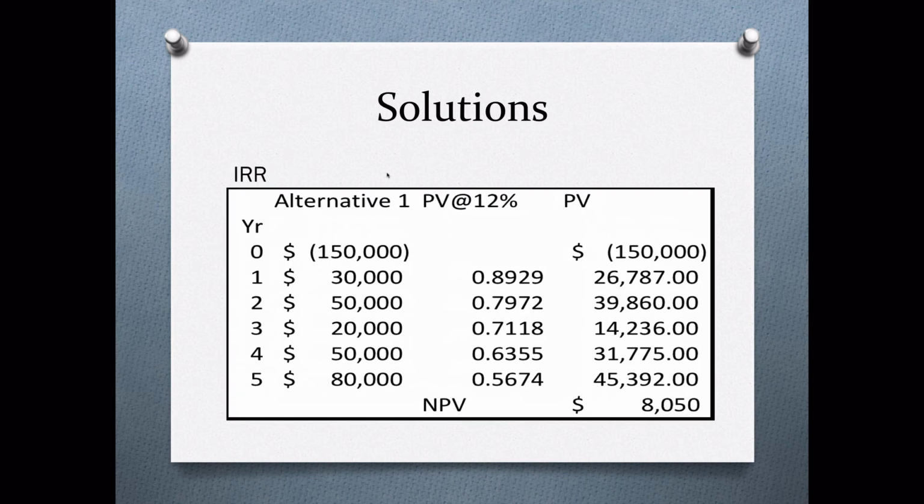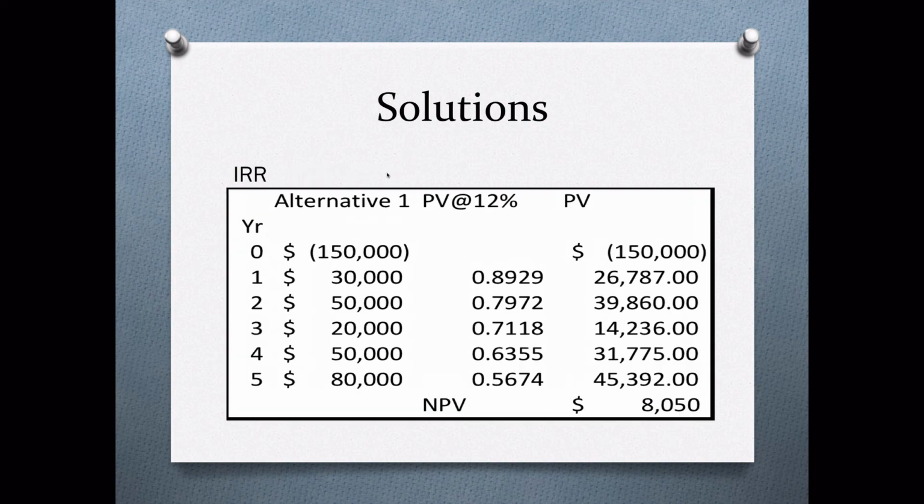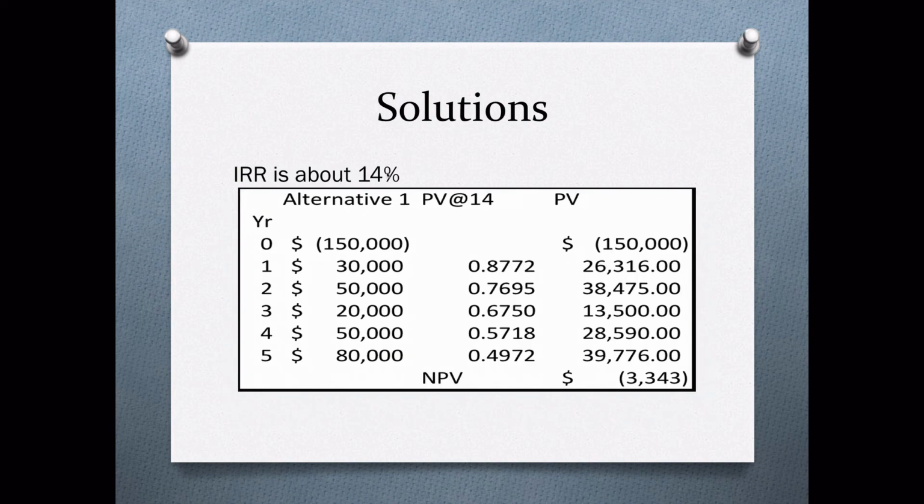So, first thing I did, I plugged in 12% and calculated the net present value, and I got 8,050. I think I could probably do better than that, so I plugged in 14%, and I got about a negative 3,343, so it's a little bit less than 14% and more than 12%.